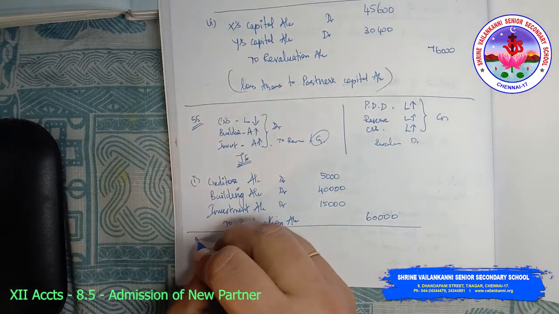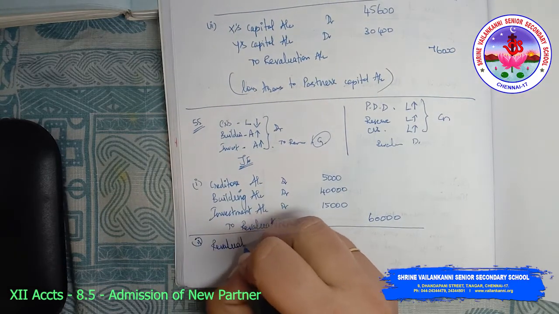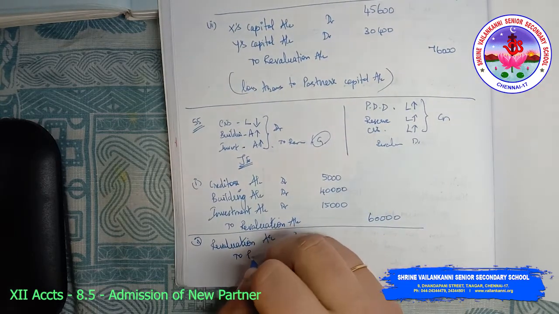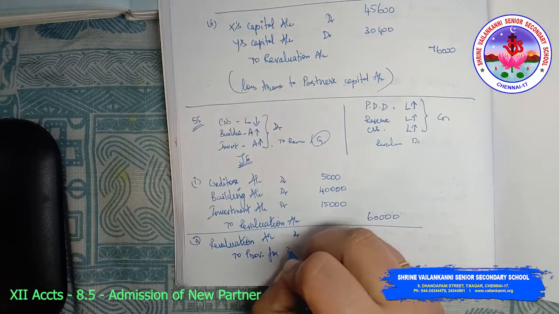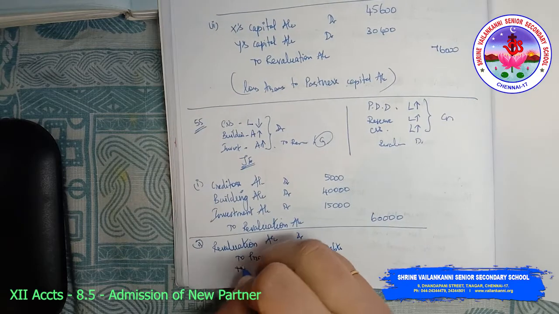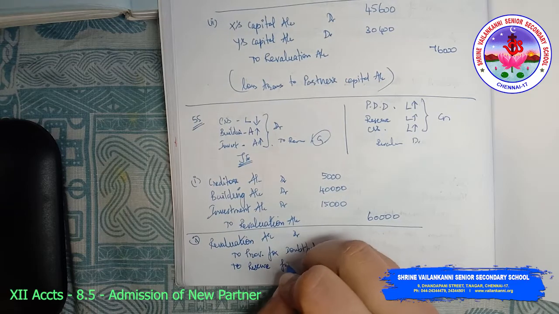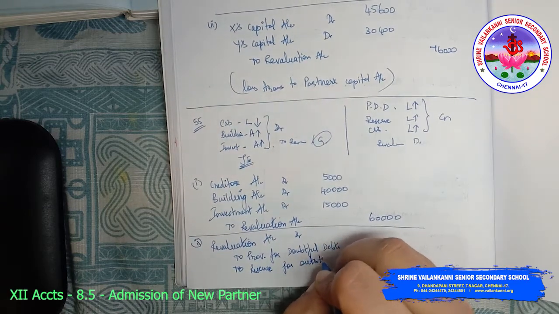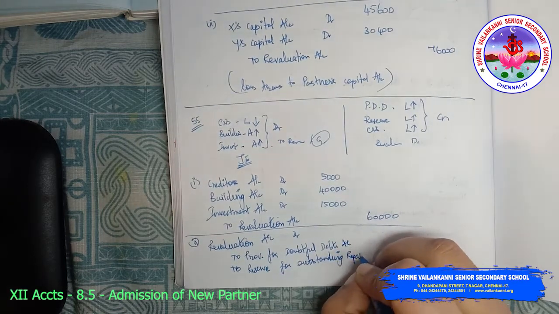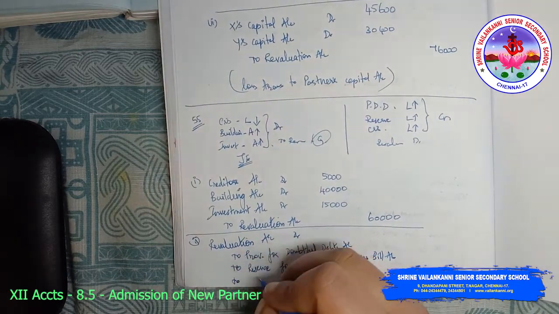The second entry will be revaluation account debit to provision for doubtful debts, to reserve for outstanding repairs bill account, to creditors.